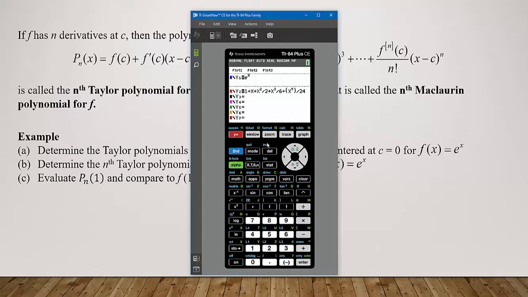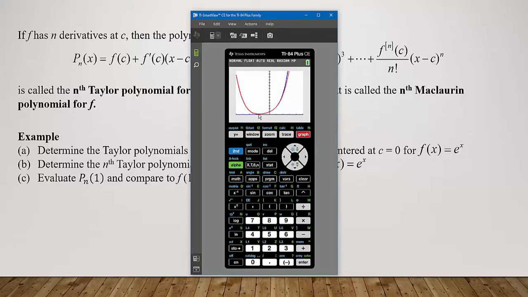I want to look at the graph of the function and this approximating polynomial. On the window, -5 to 5, that looks good. Y-axis 0 to 15, that looks good. So here comes the graph. First is the graph of e to the x, and the second graph is the approximating polynomial.